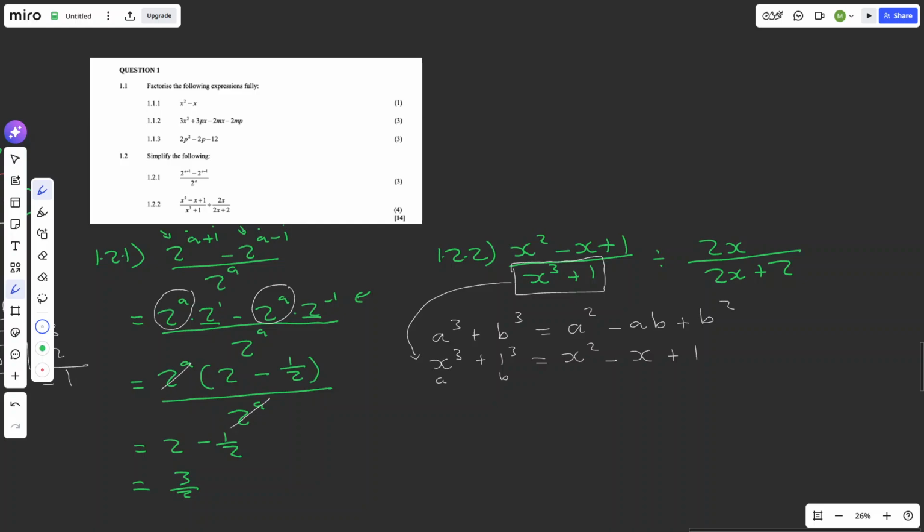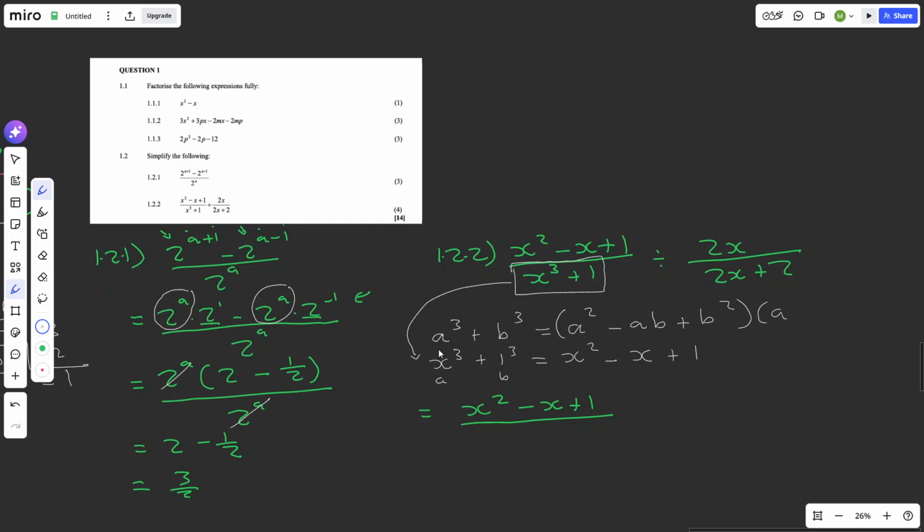Okay. So now that we have that covered, we can then proceed, right? So we'll have x squared minus x plus 1 divided by, so this part here, right? What you need to keep in mind, there's one part that I'd missed out.